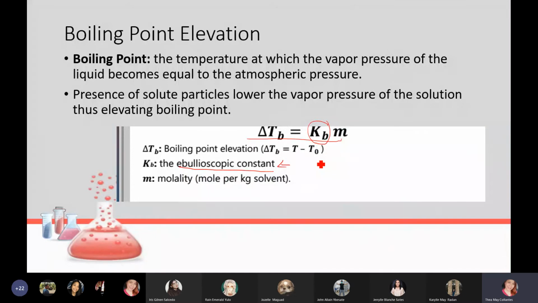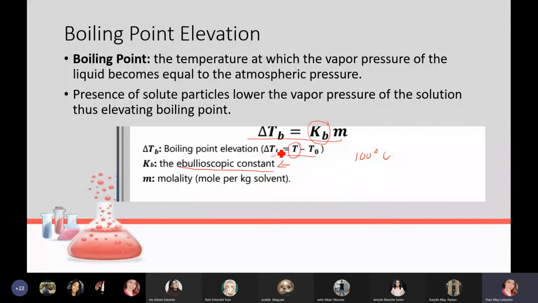So this is the change in your temperature or boiling temperature. The normal temperature for your water, the original, the one that we are referring to, would always be 100 degrees Celsius.